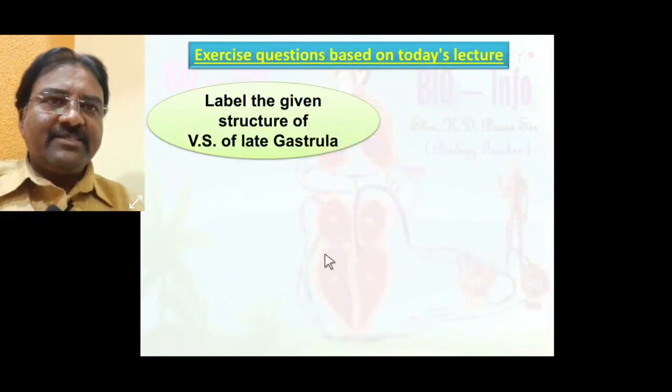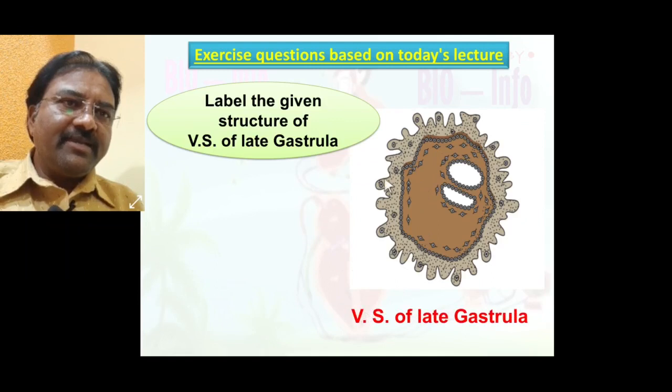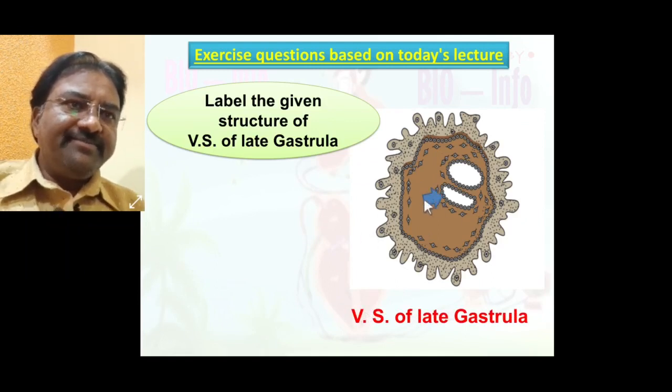Label the given structure of the VS of gastrula. Here the VS of gastrula structure is seen. This one is endoderm. It contains a cavity known as the yolk sac. This one is ectoderm.